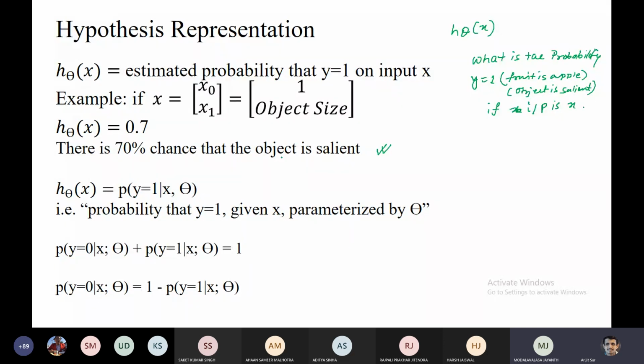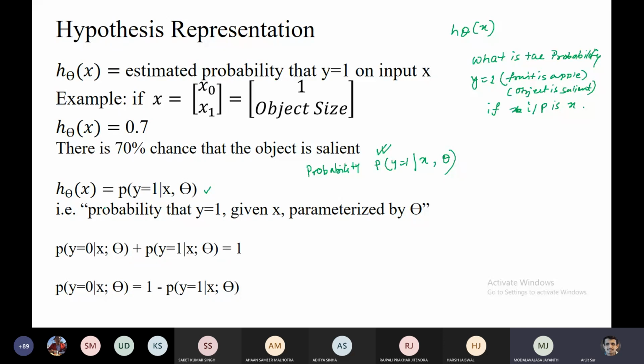What is the probability of y is equal to 1 given x, in the parametric setting theta? So this is the probability that y is equal to 1 given x parameterized by theta. So this is the basic understanding of h theta x in a logistic regression setting.